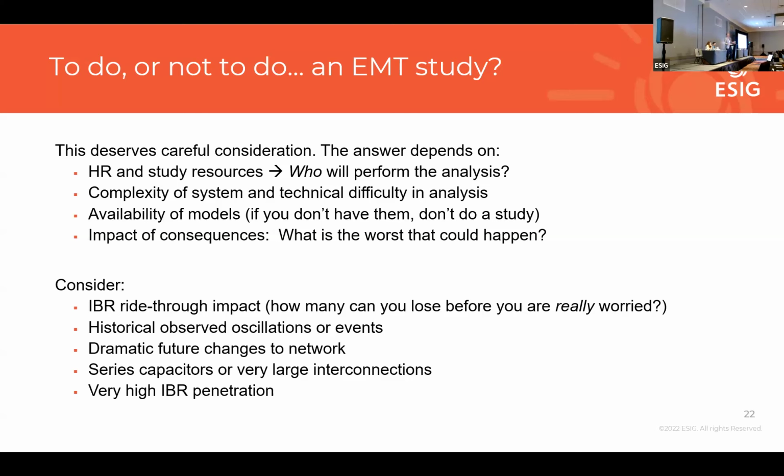And then the impact of the consequences. What's the worst that could happen? How big of an event is this? How much risk can we tolerate? So, for instance, IBR ride-through impact. How many can you lose before you are really worried? And even the phrasing of this question is like, wait, what? Lose? We don't want to lose any, right? And it's true, we don't, but the practical reality that we're facing is there is still some uncertainty.